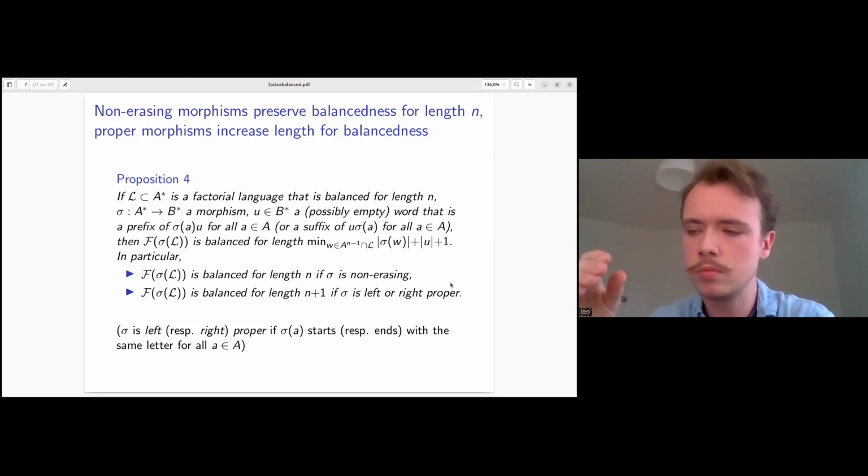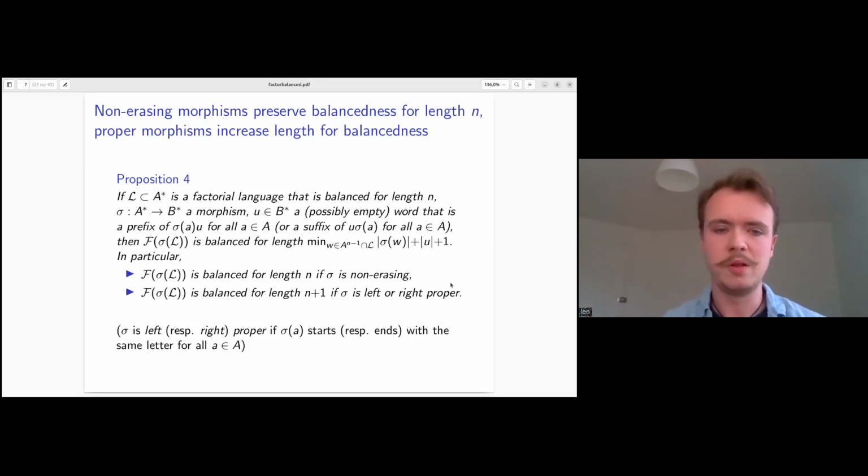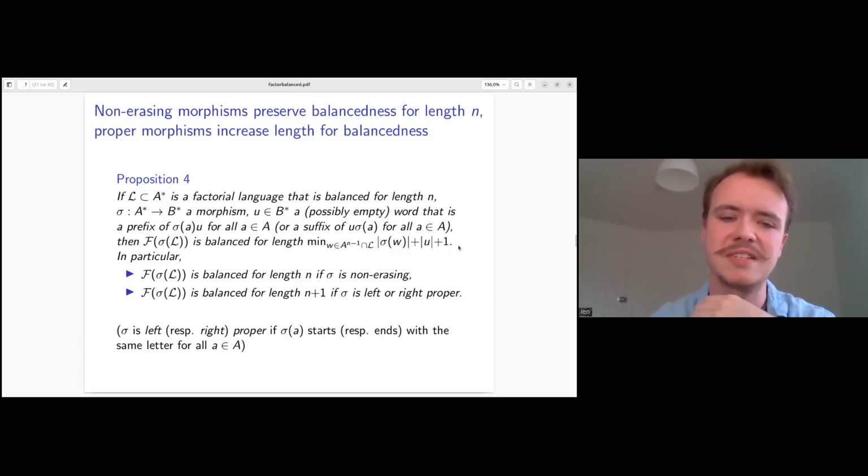So you know that the prefix or the suffix is independent from the letter. Then you will be transmitting some of the balancedness, and the length up to which you are transmitting it is given by this constant, which is kind of ugly.